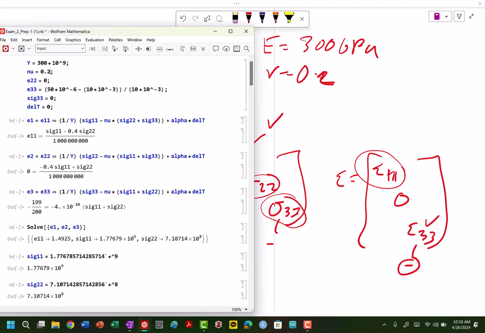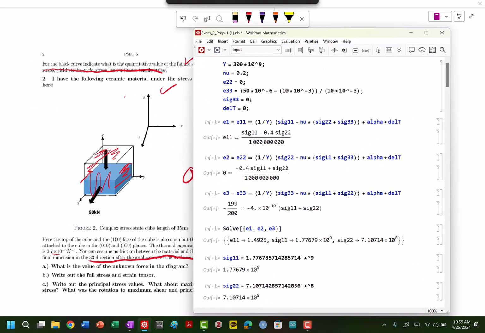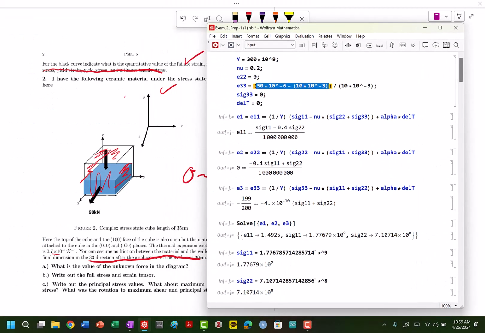My strain in the 3-3 will be the final dimension, which is 30 times 10 to the minus 2, minus my initial, which is 35 times 10 to the minus 2, divided by my initial, which is 35 times 10 to the minus 2, and that will be negative, as we can see here.